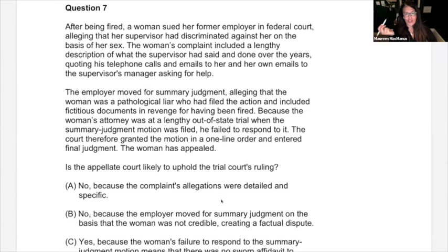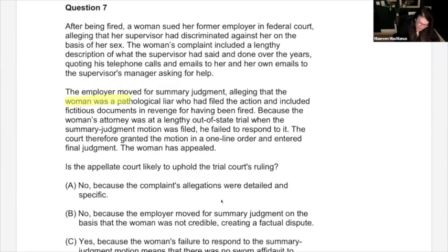The employer moved for summary judgment. So this is also a motions question, truly, but it's both. Alleging that the woman was a pathological liar who had filed the action and included fictitious documents in revenge for having been fired. So that's a problem here, is he has said that she's a liar.